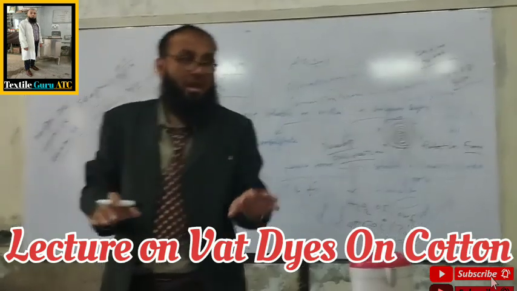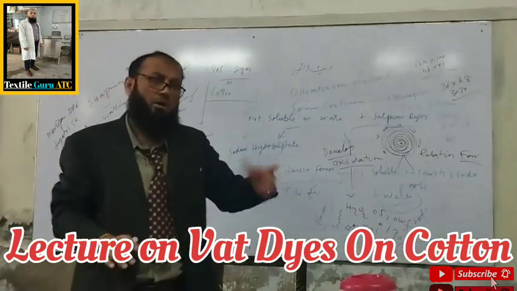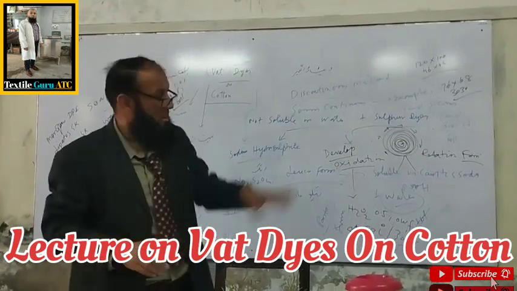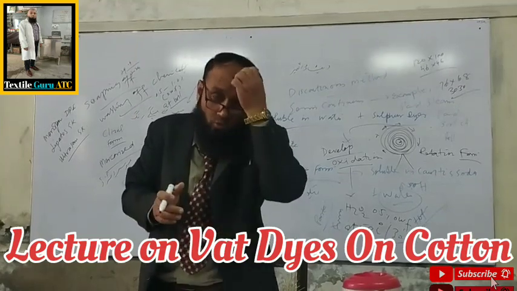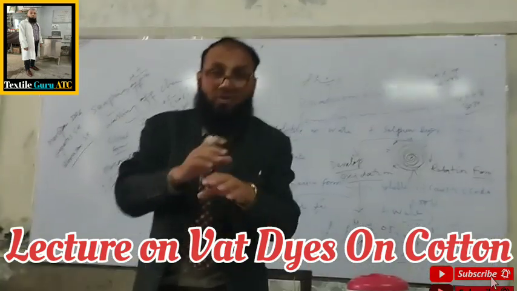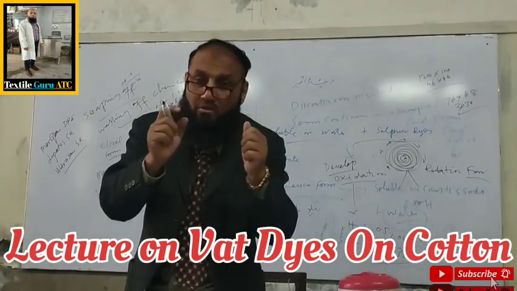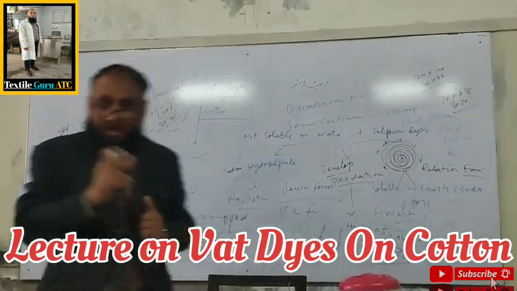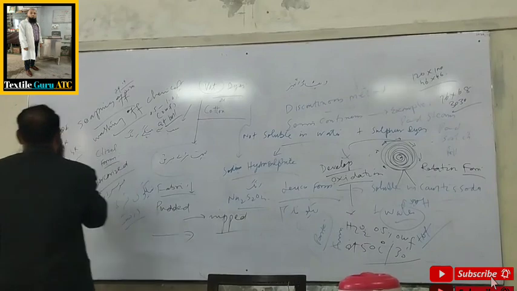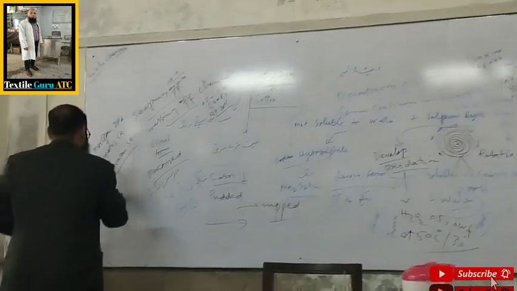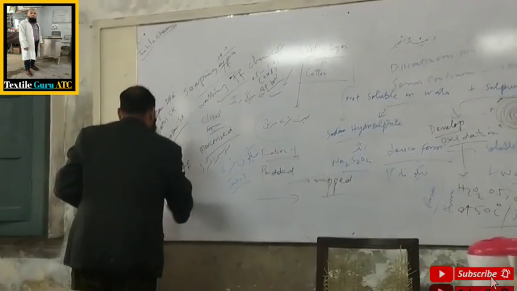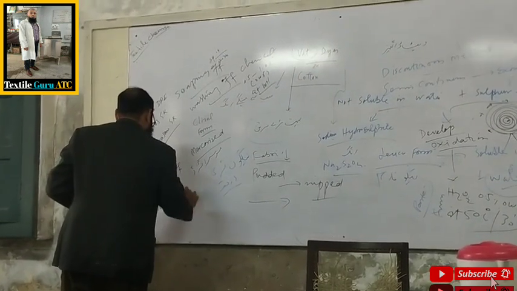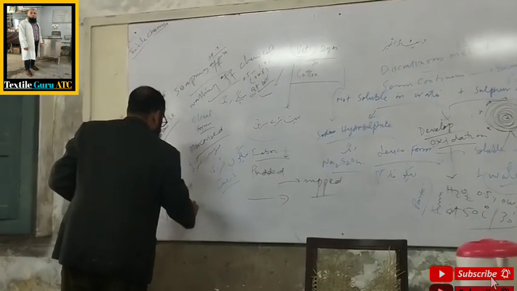In all three classes, in liquid form or powder form, you have to perform a soaping process after dyeing, a washing off process, to get rid of unfixed reactive dyes.